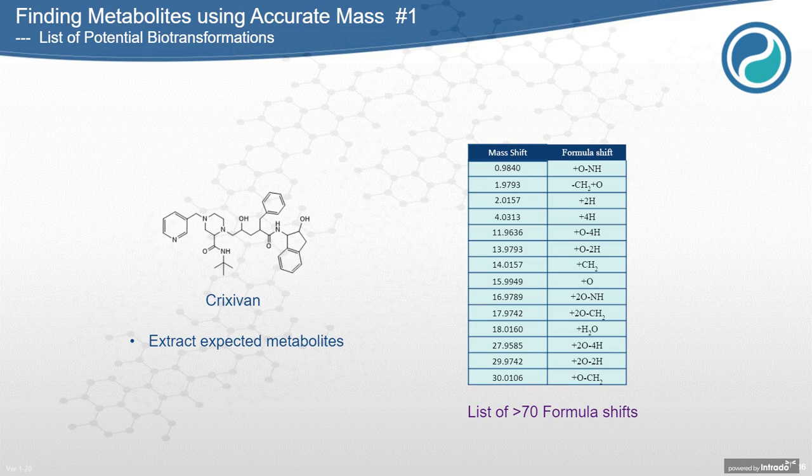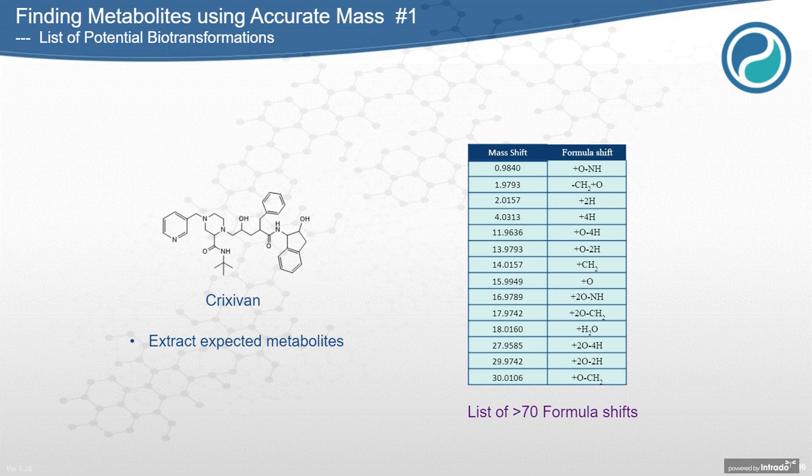So how do we use this HRMS data to find the metabolites we're interested in finding? The first step is we extract chromatograms for the potential metabolites. Now, you can do this manually. We would recommend using a computer program, since they're very good at doing something as simple as this. You can see from the table on the right, this is showing the exact mass shifts for potential formula shifts and the table we use contains more than 70 potential formula shifts.